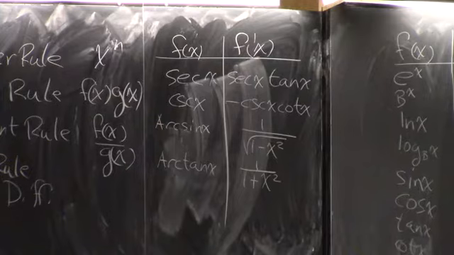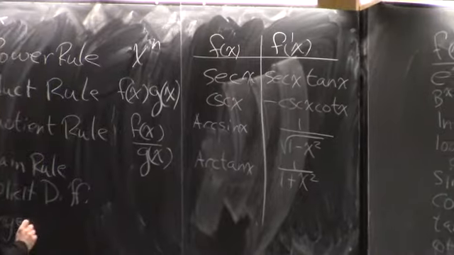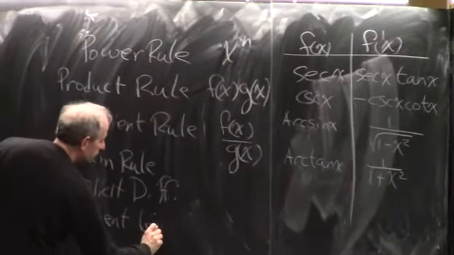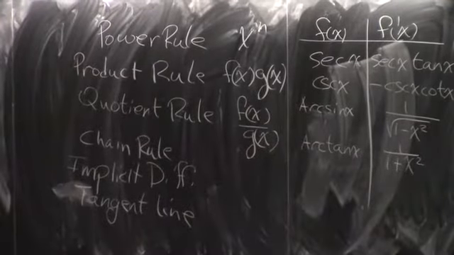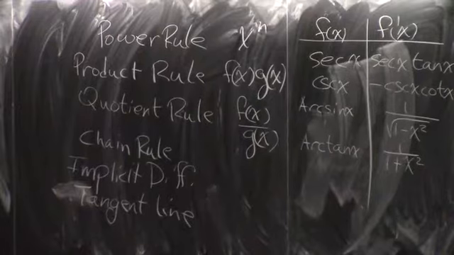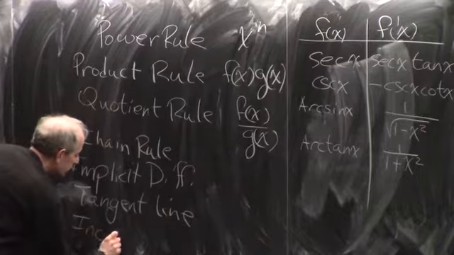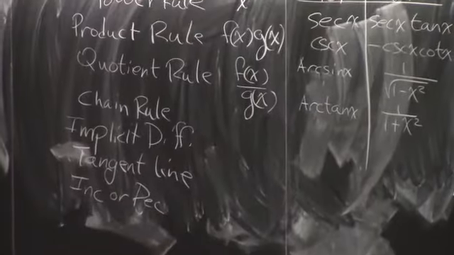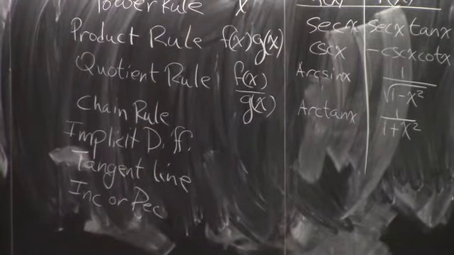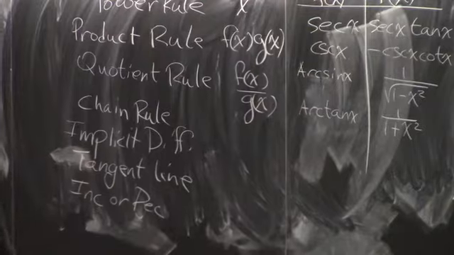You should be able to find the equation of a tangent line. You should be able to find where a function is increasing or decreasing. The way we set up the exam, about half the exam is just finding derivatives.